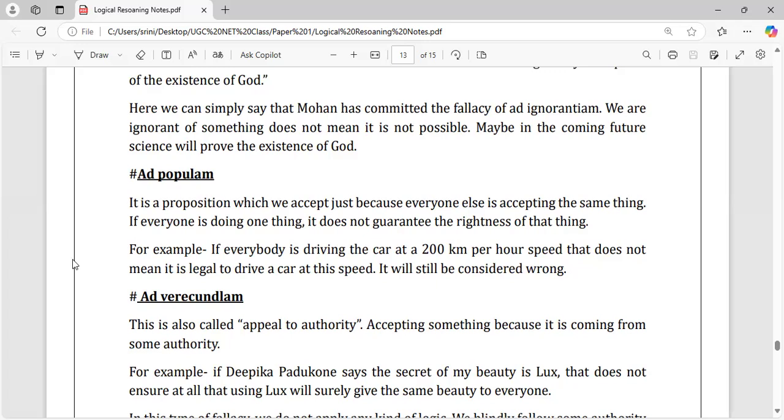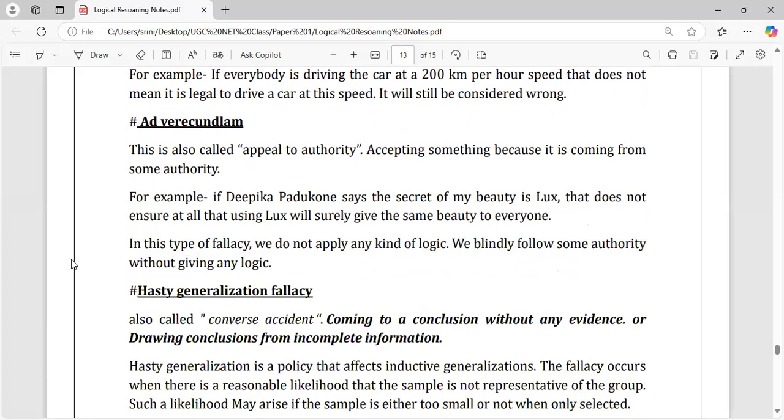Ad verecundiam. This is also called appeal to authority, accepting something because it is coming from some authority.